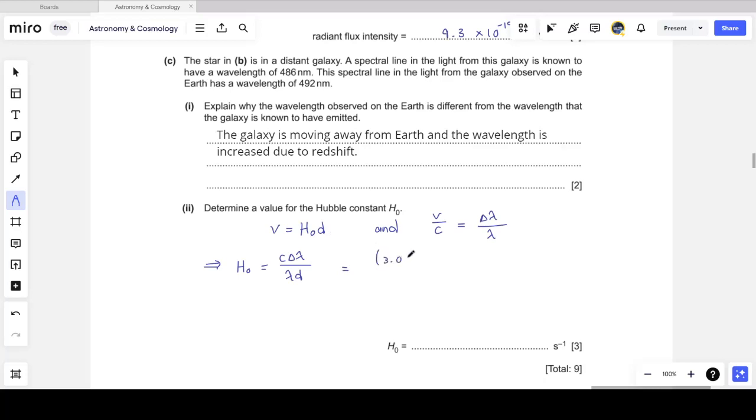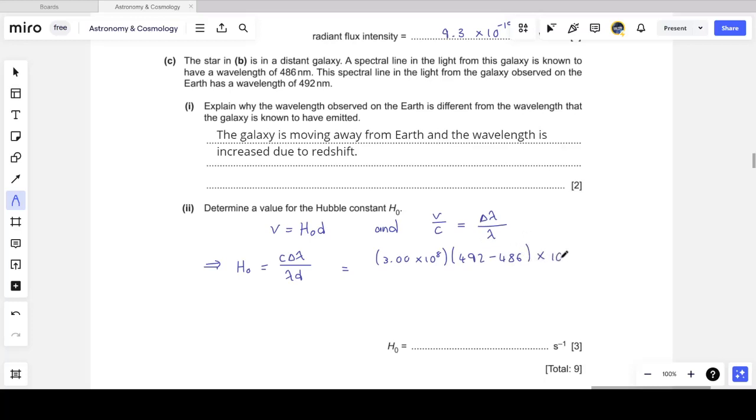So this is 3 times 10 to the power 8 meters per second, the speed of light. The difference in wavelengths is 492 minus 486. That's the redshifted wavelength minus the original wavelength.